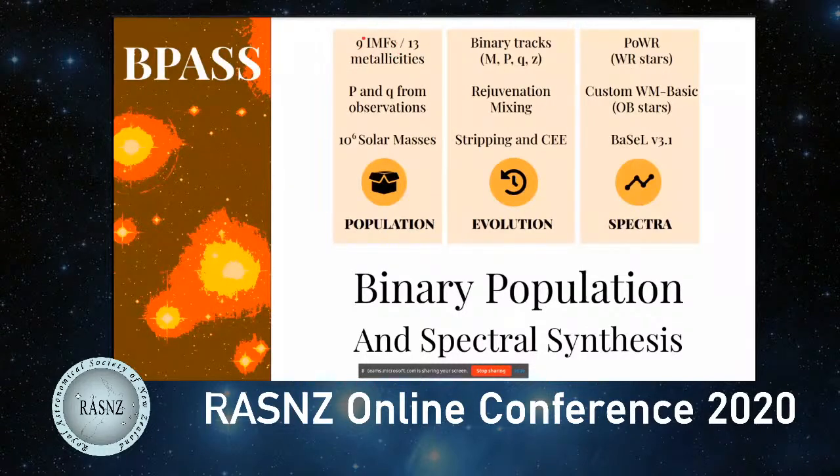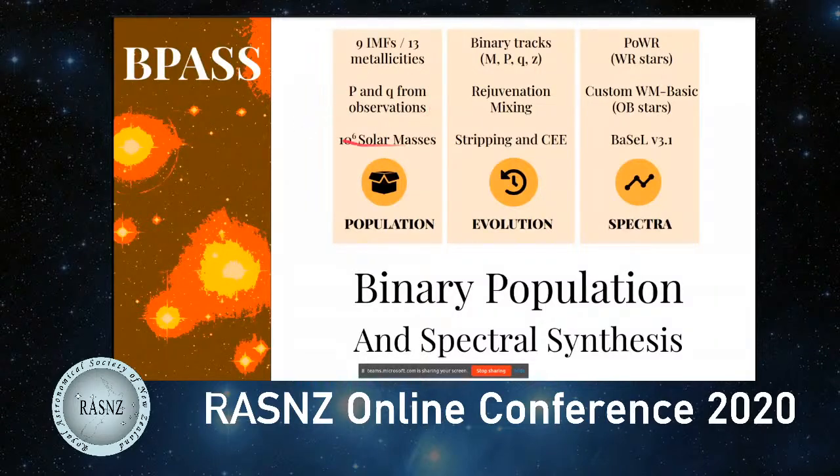If you don't know what an IMF is, you don't need to know. It basically tells you how many massive stars and how many low mass stars there are. It also takes into account 13 different metallicities. That's how much of the elements heavier than hydrogen and helium there are in that simulated universe.